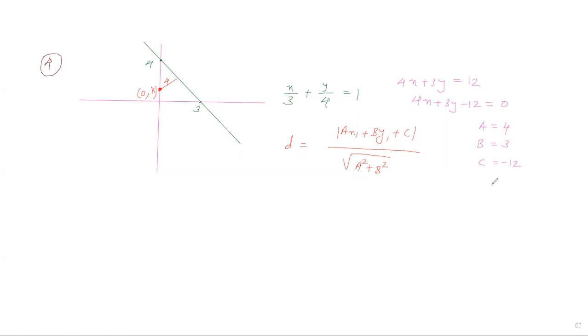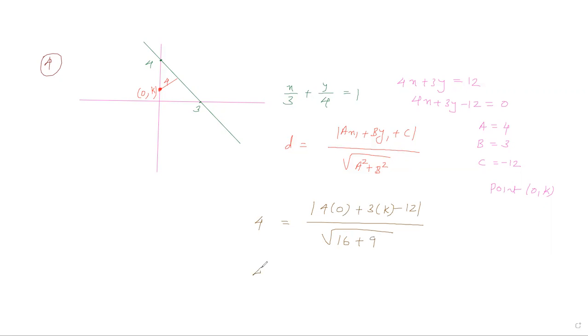Now the point is (0, k). The distance is given as 4, so you can say 4 is equal to the modulus of 4 into x1, which is 0, plus 3 into y1, that is k, plus c, that is minus 12, divided by the square root of 4 square, 16, plus 3 square, 9.